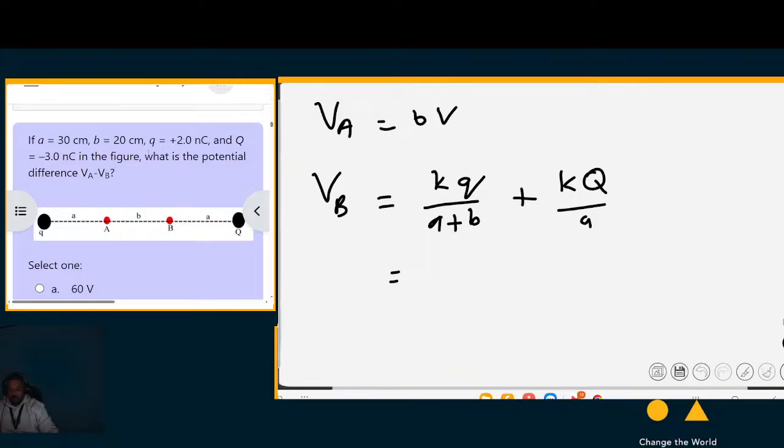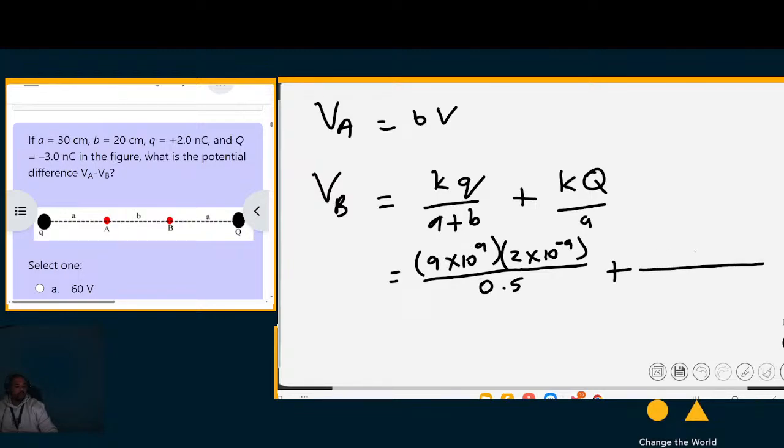So again, it's 9 times 10 to the 9, small q is 2 nanocoulomb, A plus B is 0.5, plus 9 times 10 to the 9, and big Q, remember, is still negative 3 nanocoulomb.